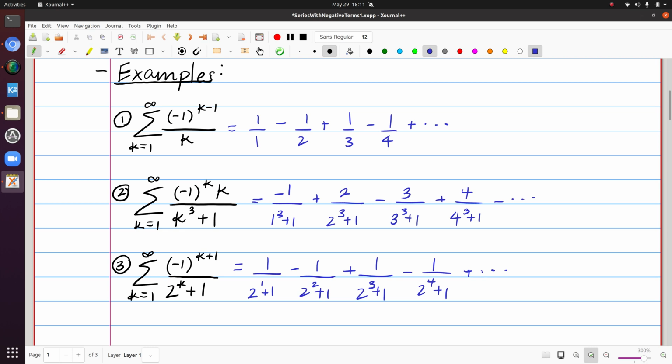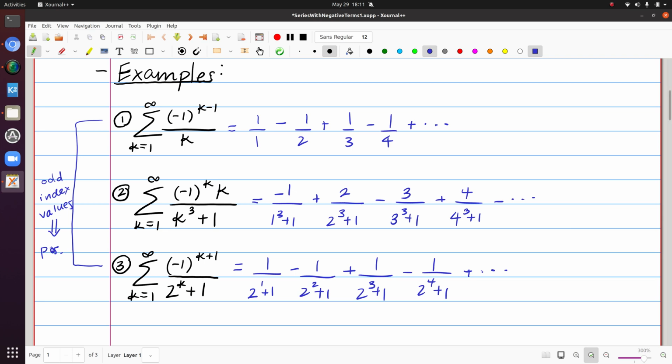So in the first and the third example here, raising -1 to the k minus 1 is actually interchangeable with raising it to k plus 1. In both of these cases, odd index values imply that the term is positive.